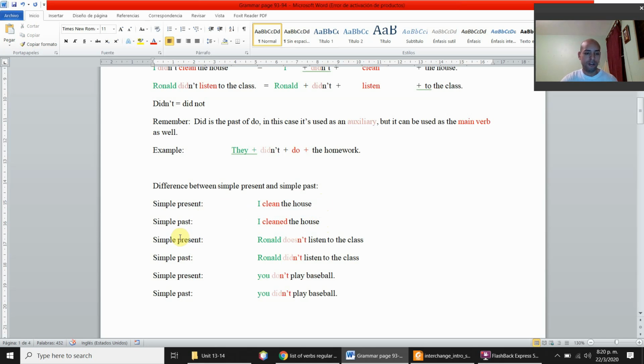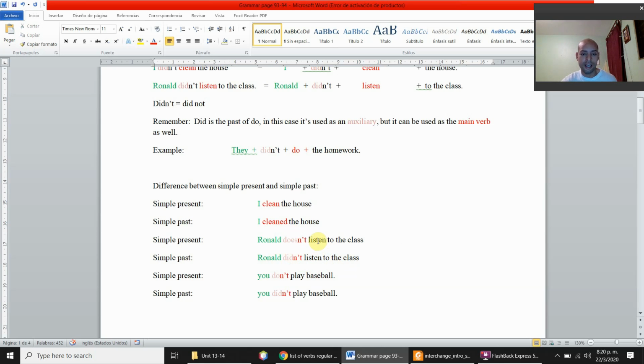Another example, as simple present. Ronald doesn't listen to the class. In the simple past form, Ronald didn't listen to the class. So here, the only thing that changes is the auxiliary. In negative form, what changes is the auxiliary. Doesn't is the thing that changes. The verb stayed the same.